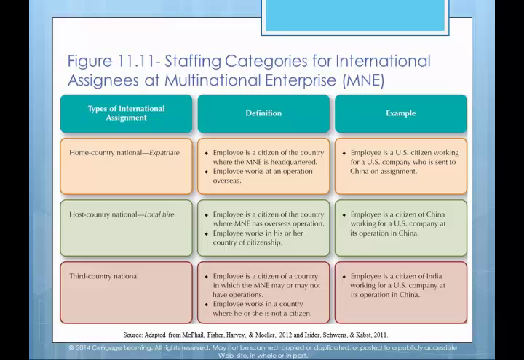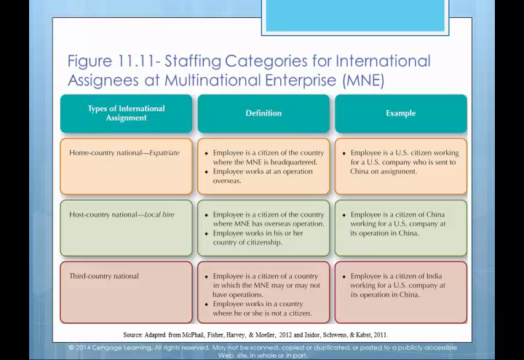An employee is a U.S. citizen working at a U.S. company who is sent to China on assignment. That's an expat. A local hire, a host country national local hire, an example is an employee is a citizen of China working for a U.S. company at its operation in China.